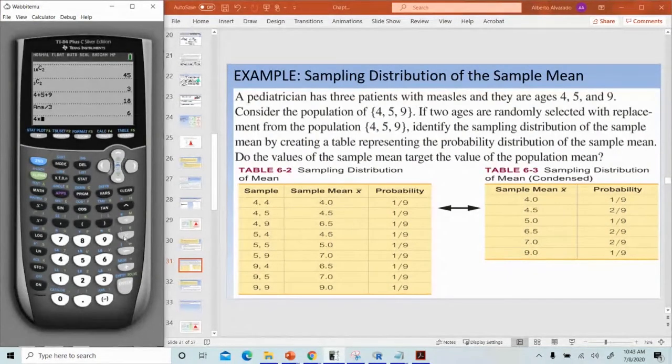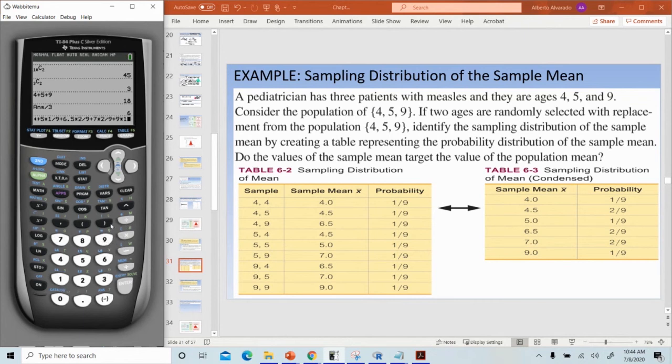So 4 times 1/9, plus 4.5 times 2/9, plus 5 times 1/9, plus 6.5 times 2/9, plus 7 times 2/9, and then plus 9 times 1/9.